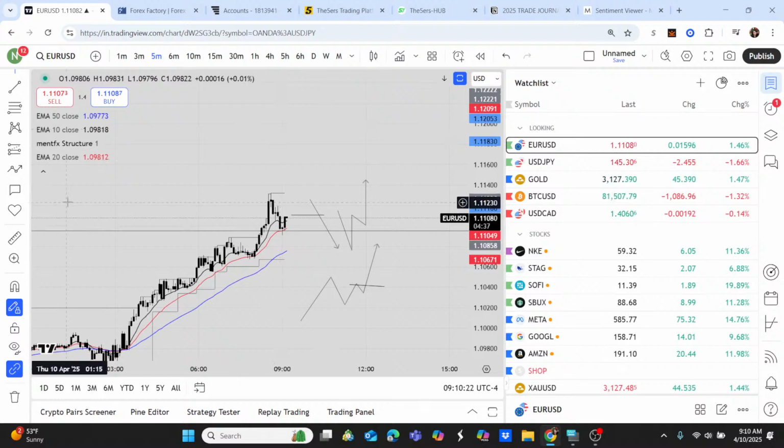Think about it. If you've ever traded patterns before, you may have thought, "Damn, these patterns suck. These patterns don't work." But now that I'm thinking about it, patterns actually do work in the correct context of what the market is doing, because a pattern is just price action doing a certain thing.